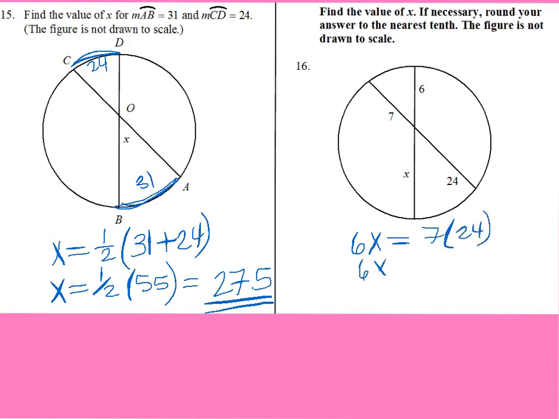So 6x is equal to 7 times 24, we get 168, and then dividing by 6, x is equal to 28. So 28 is our answer.